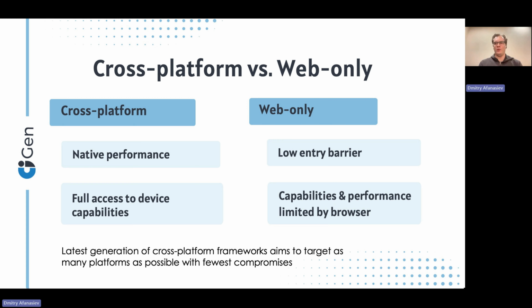So that's the ultimate goal of cross-platform development. But it's also the biggest weakness of a web-only approach, because your capabilities are very limited by browsers, especially with the modern security threats. Browsers are often very limiting to your application and to what it can do with the device that it's running on.